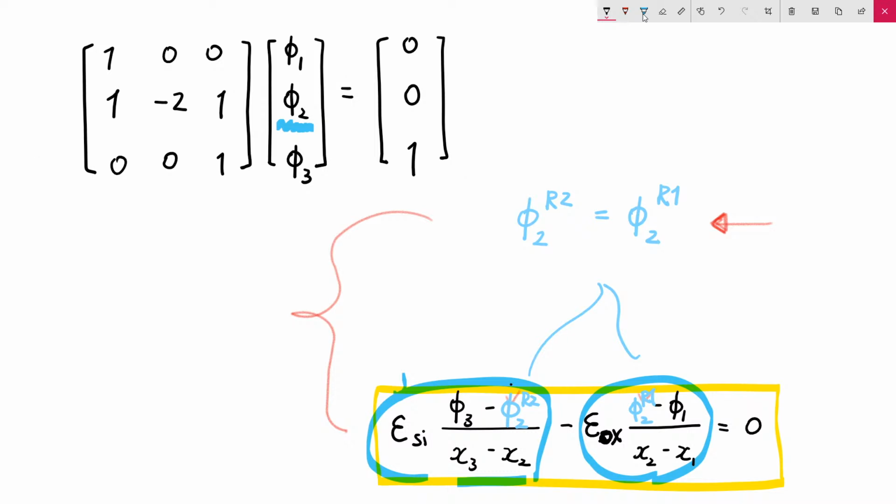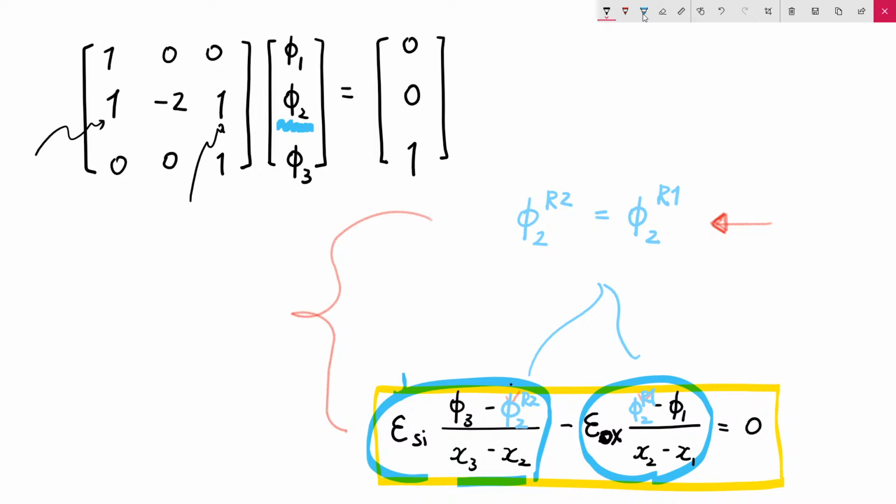The one shown here is simply the one related with epsilon oxide divided by x2 minus x1. And what is the value 1 here? That is related with epsilon silicon divided by x3 minus x2. So you can easily understand those numbers.